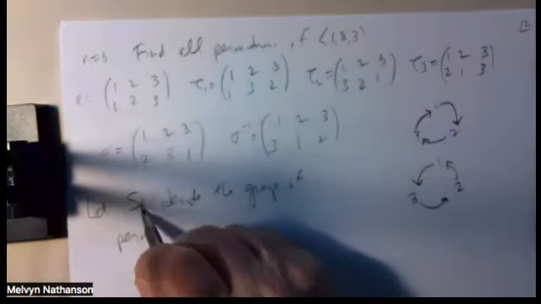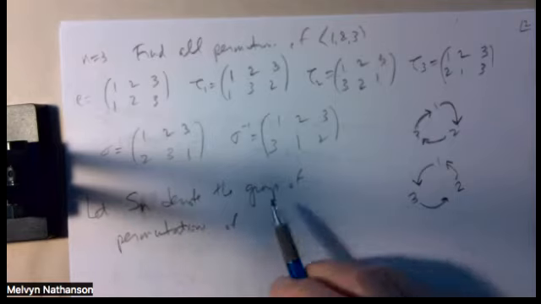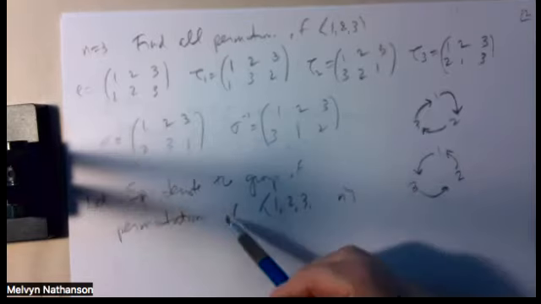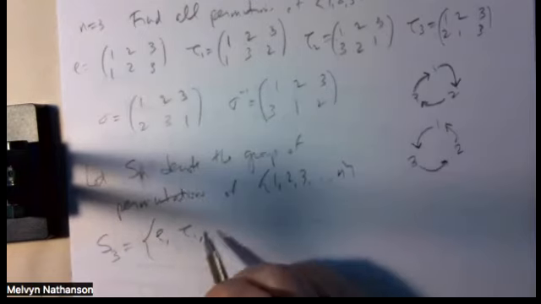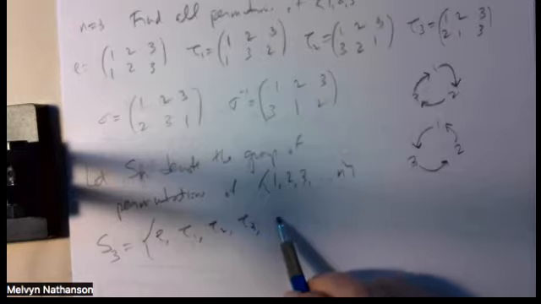So S of n is the group of permutations of the set 1, 2, 3 up to n. For example, S3 consists of these 6 permutations: e, the identity, the 3 transpositions, and these 2 cycles, sigma and sigma inverse.